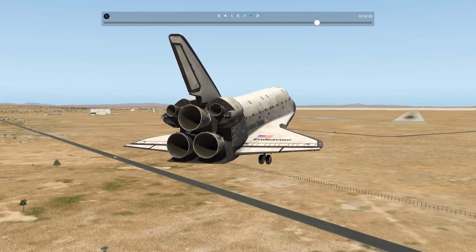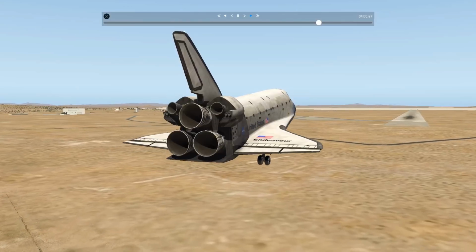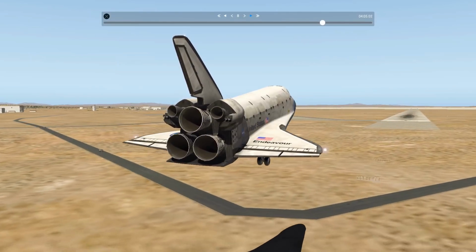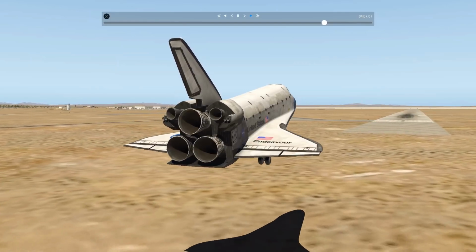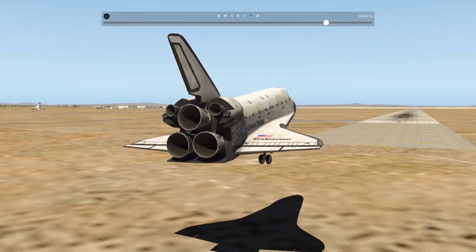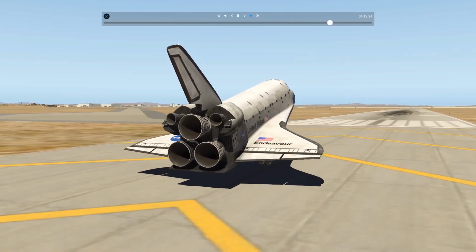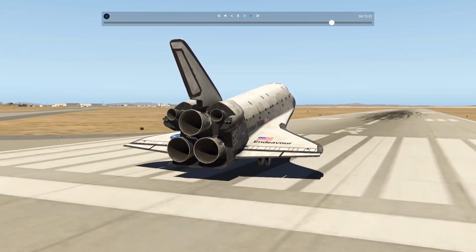Now, I was using a mouse here, so that's my excuse for the little bounce that occurs. I don't normally fly aircraft using a mouse. But overall, you'll see that the energy state is now quite low. The aircraft has a high nose attitude, and we get the wheels down right on the threshold.